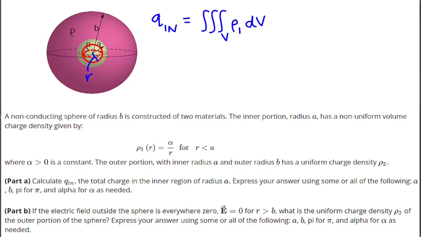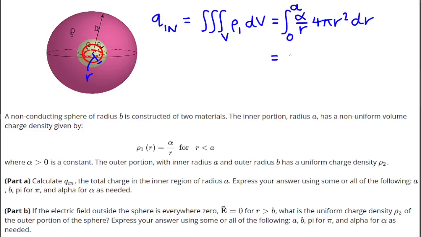So therefore we can simplify this integral into a single integral of ρ1, being alpha r, and our differential volume element is the surface area of the spherical shell by the infinitesimal thickness of the shell, being dr. And we integrate from r equals 0 to r equals a, being the radius of the inner sphere.